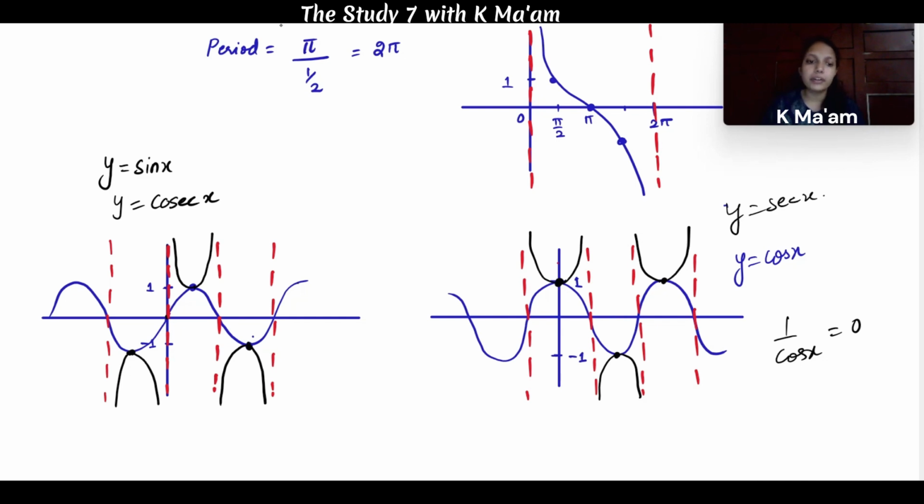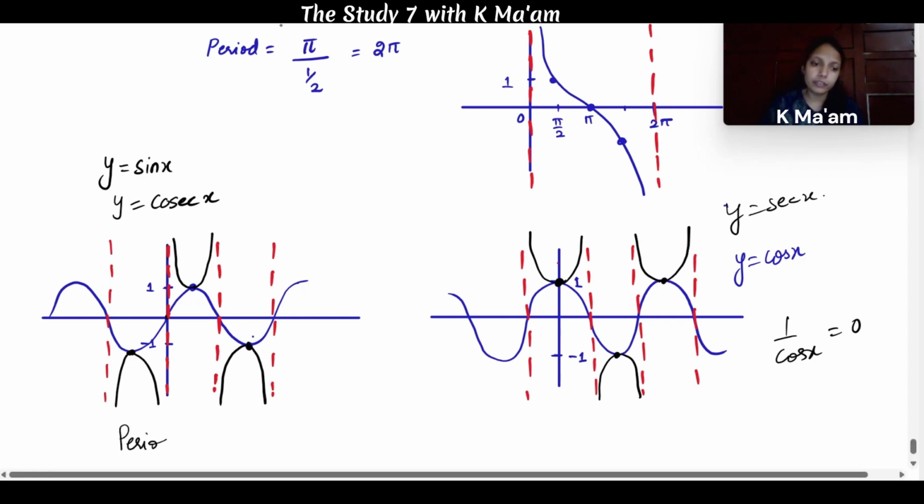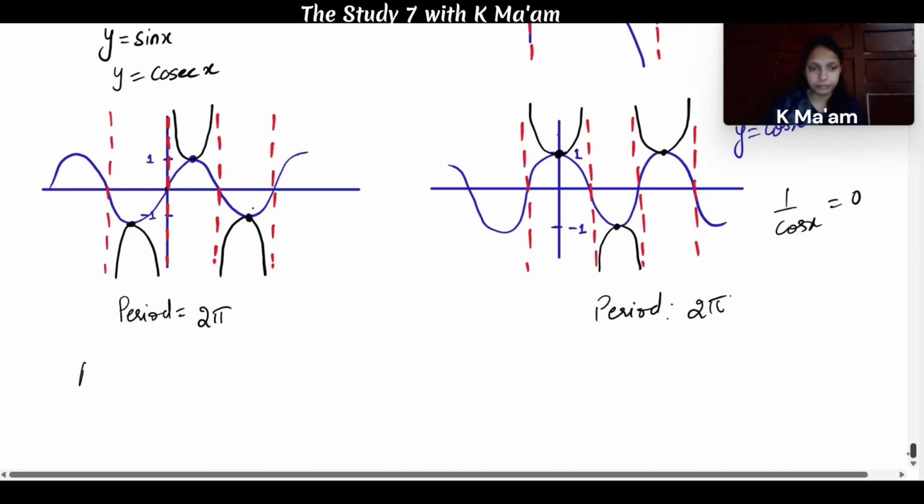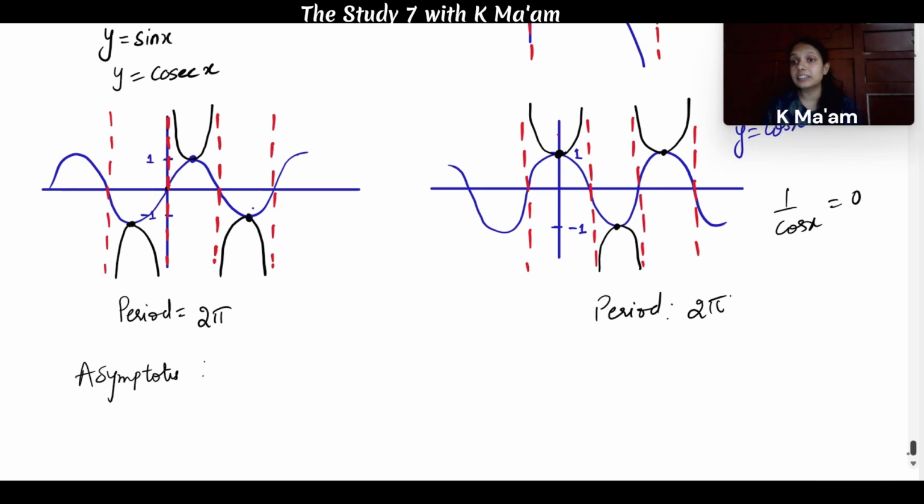Okay. Period. The period of the function is 2 pi. Here the period is also 2 pi. No amplitude here. Asymptotes are there. What are the asymptotes here? Where sin x is 0. Sin x is 0 at n pi.